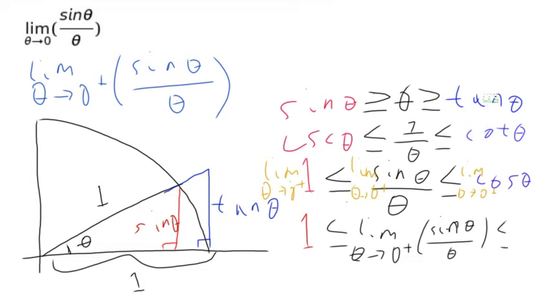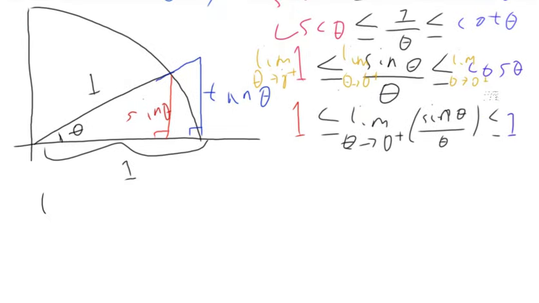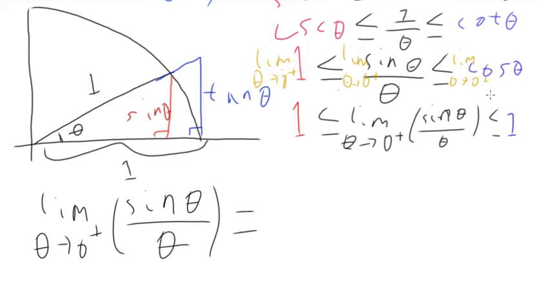And then the limit as theta goes to 0 from the right of cosine theta is just cosine of 0, which is 1. That tells us that by the squeeze theorem, because we know that this limit is between 1 and 1, the limit as theta goes to 0 from the right of sine theta over theta is equal to 1. Are we done yet?